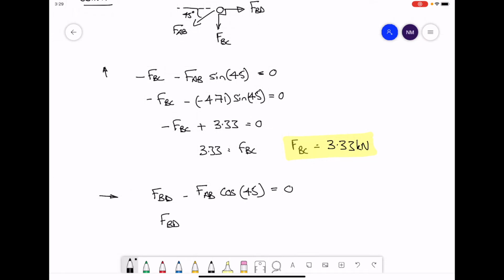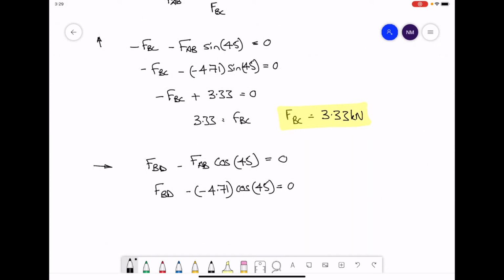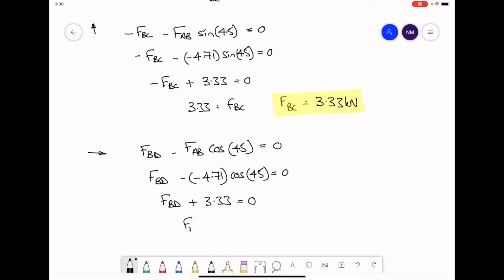Force BD minus 4.71 times the cos 45 degrees equals 0. Force BD plus 3.33 equals 0. Take the 3.33 to the other side, and it's a negative 3.33 kilonewtons. Negative sign indicates it's a compression force.